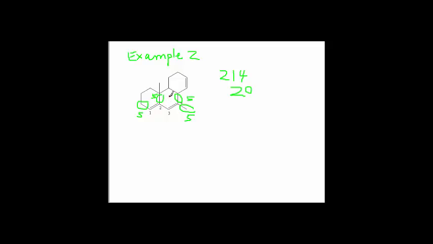That pegs it as an exocyclic double bond, and we'll add 5 units for that. The other double bond between carbon 3 and 4 is internal to the second ring. It's not external to any ring. It's not an exocyclic double bond.